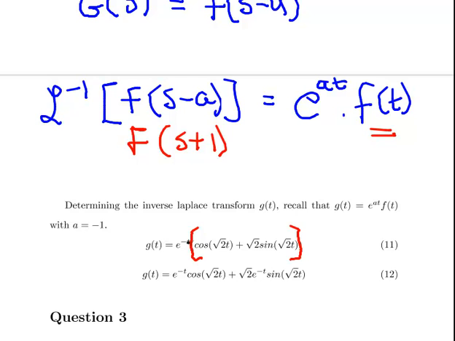This is e to the minus t. There it is. That's the answer there. g of t equals e to the minus t cos square root of 2t plus square root of 2 e to the minus t sine square root of 2t. What I'll do here just briefly is zoom in a bit.